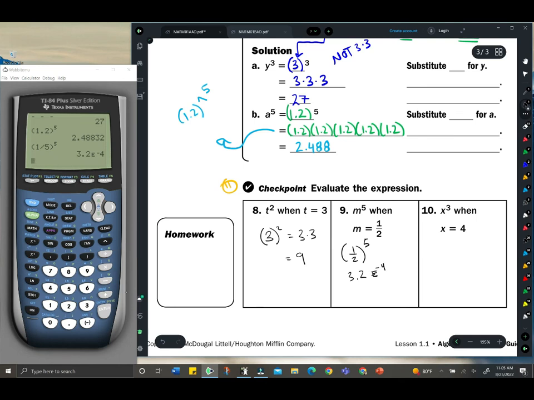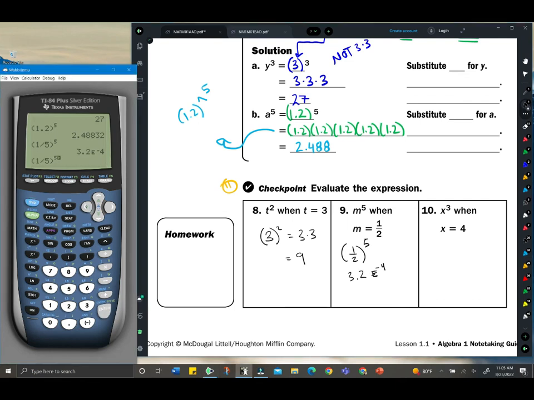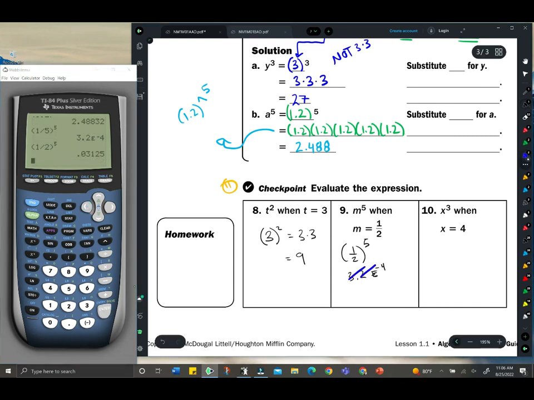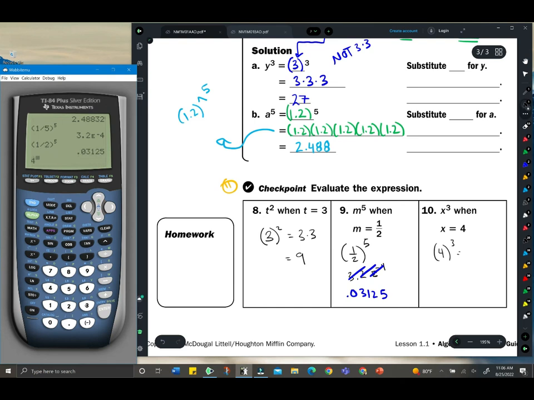That's okay if you write it like that. We'll get into scientific notation later. Sorry, that should be 1/2. Whoops. That's why it was a little different. 0.03125. And next, the third one, n is equal to 4. 4 to the third is 64. Okay, great job.